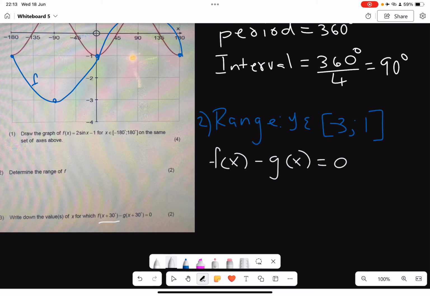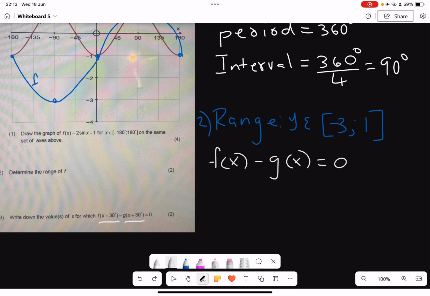We're also moving a point on g 30 degrees to the left. And we can agree that f of x minus g of x equals 0 is where the two graphs are equal, right? Because I can easily take this guy to the other side, and I'm going to end up with f of x equals g of x. Do you see it?